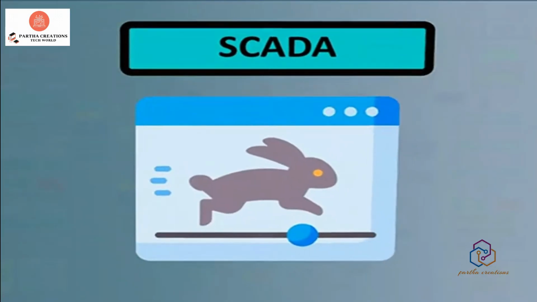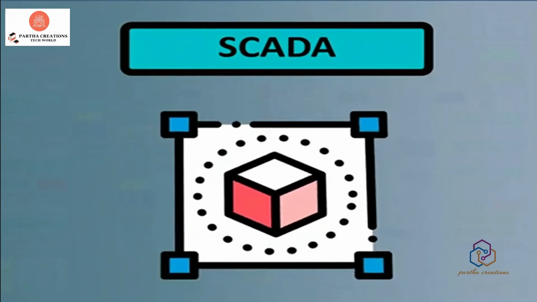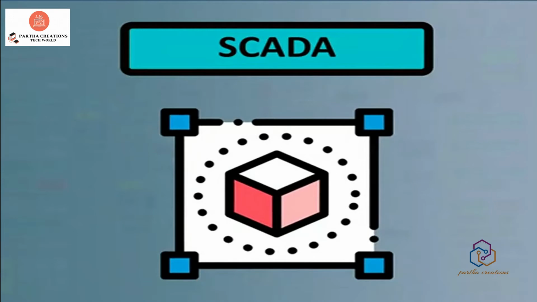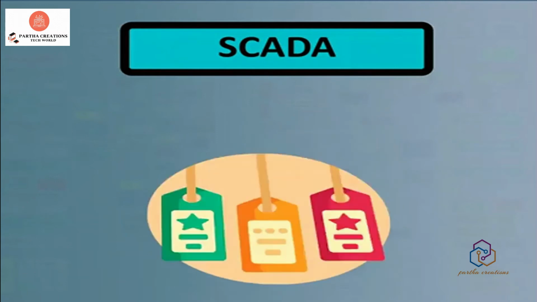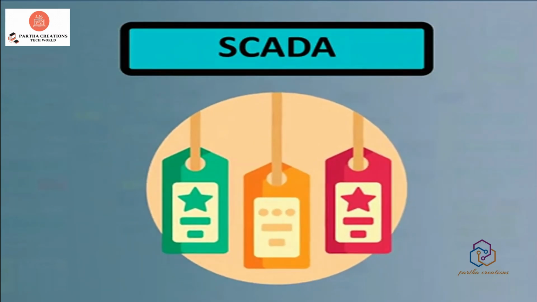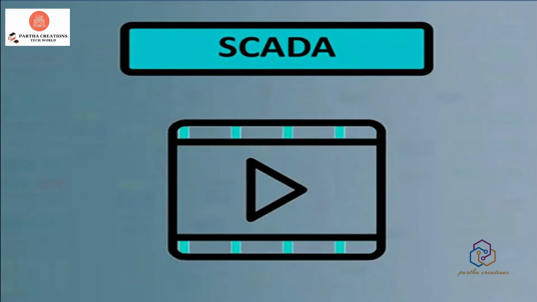So whatever animations that take place in Scada, whatever objects will link with each other, all of these will happen through a tag only. Hence, tag is a very important part. There are different types of tags. We should know how to select the right tag for the right object. Otherwise, animations won't work properly. Scada won't get created properly.